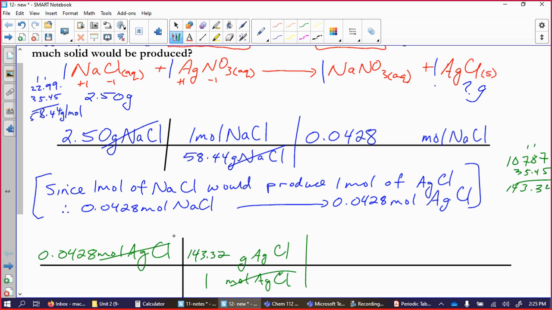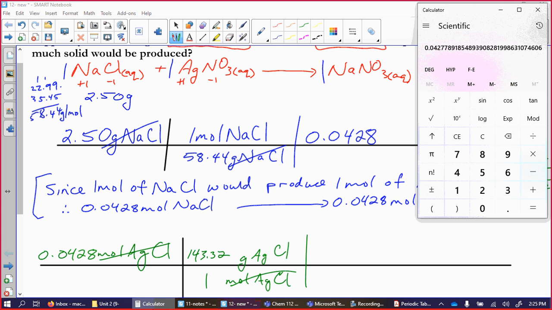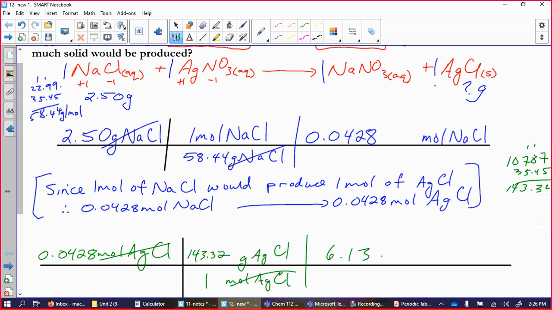Moles cancels with moles. I can multiply that out, depending on how nerdy you are. 0.0428 times 143.32 gives us 6.13 grams of silver chloride.